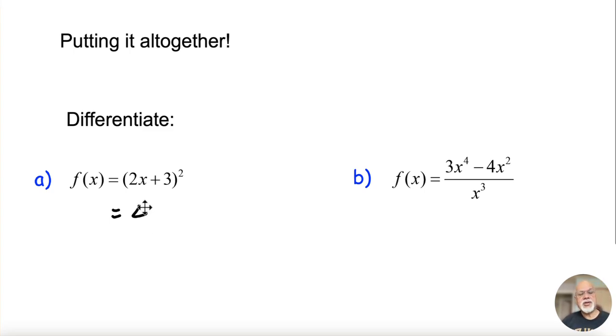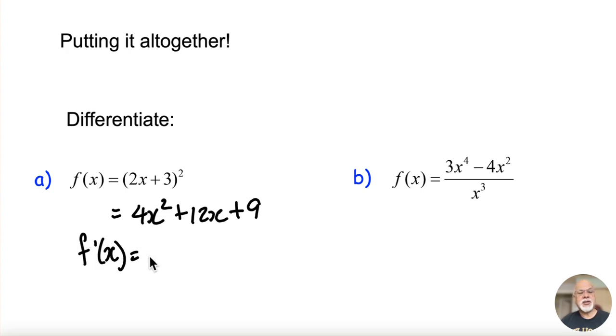Well, if you expanded it, you get 4x squared plus 12x plus 9. And then we can use the sum and difference rule that we just saw on the previous screen. And so f prime would just be 8x plus 12. Remember the derivative of 9 would just be 0 since it's a constant.